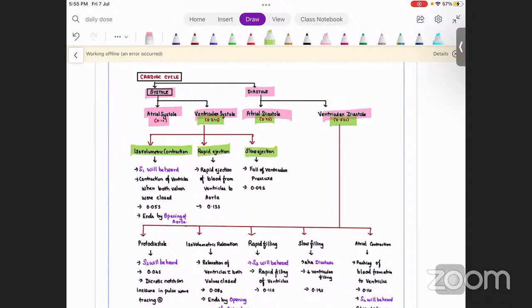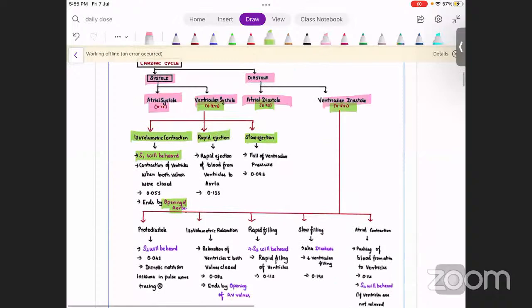S1 is heard in isovolumetric contraction, and isovolumetric contraction ends by opening of the aortic valve. That is the only thing you have to know.